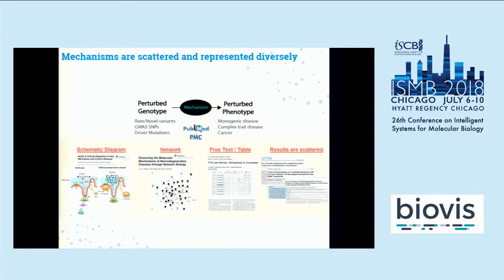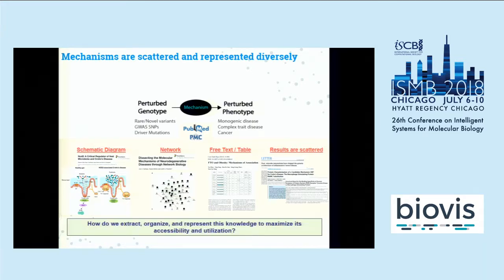Now if you want to really read about these mechanisms, in PubMed or PubMed Central, they're pretty much scattered and represented very diversely. They could be either in the form of schematic diagrams or networks, sometimes just free text in tables, and they are scattered across multiple publications.